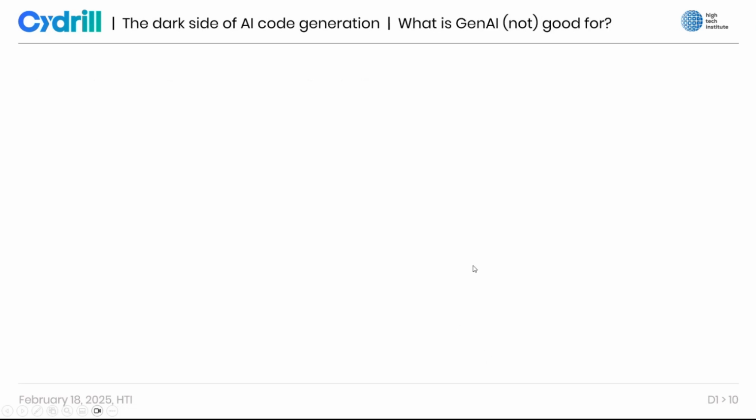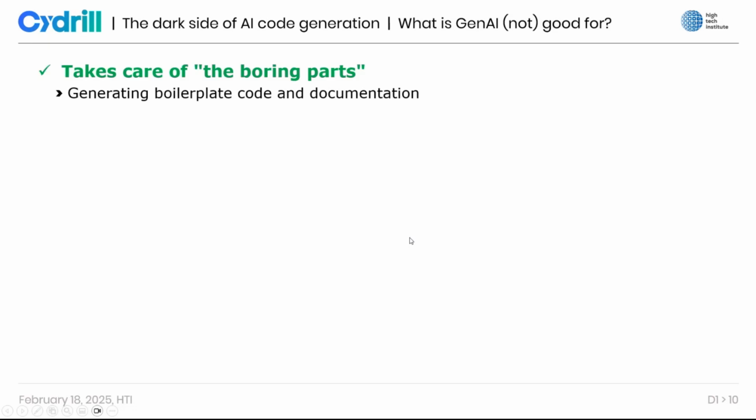But again, let's look at the positive side. What is it that it is objectively good for, or I should say generally good for? Well, we can say for sure that the boring stuff is something that generative AI is pretty good at. So these are tasks, or more like chores, that developers need to do, but they don't like it. It's kind of beneath our station. We don't really want to bother with these kinds of tasks.